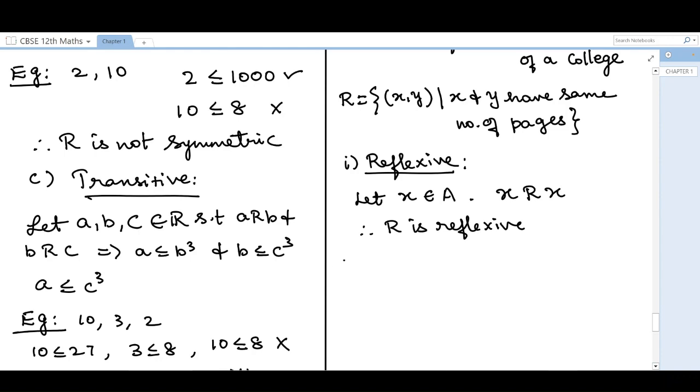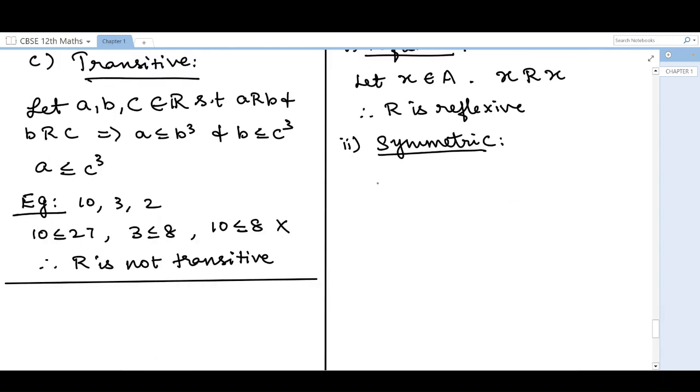The second one is symmetric. If you take two books in the library such that X has the same number of pages as that of Y, then we can also say Y has the same number of pages as that of X. So Y is related to X. Thus we have verified the relation R is symmetric.